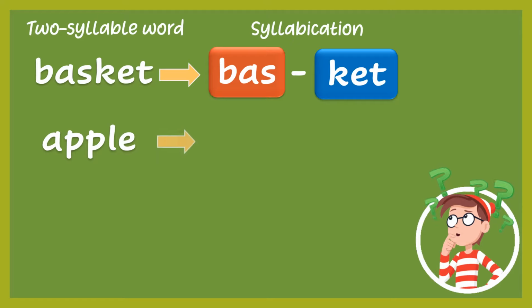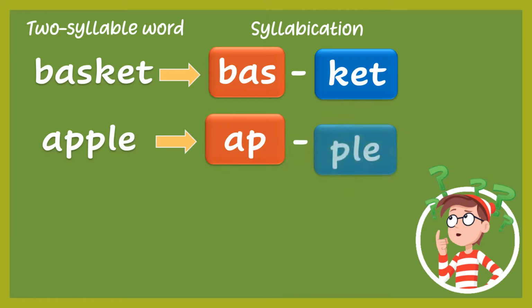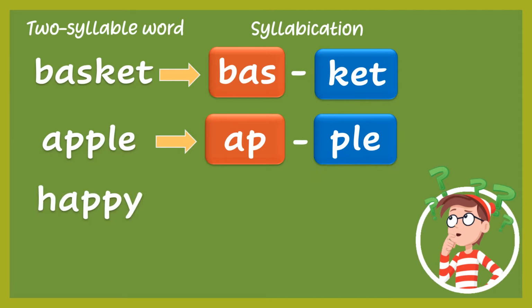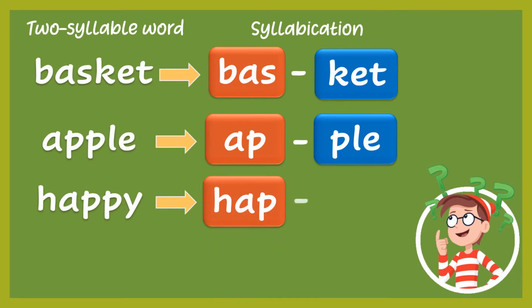If we're going to syllabicate it, it goes like this. Ap, ple, apple. Next word is happy. It has two syllables. If we're going to syllabicate it, it goes like this. Hap, py, happy.